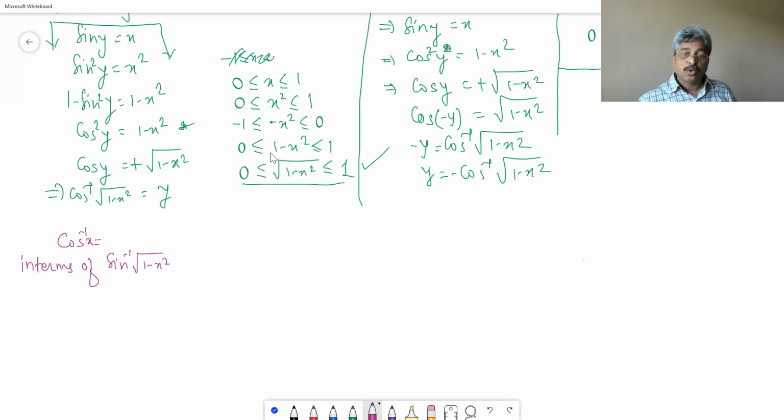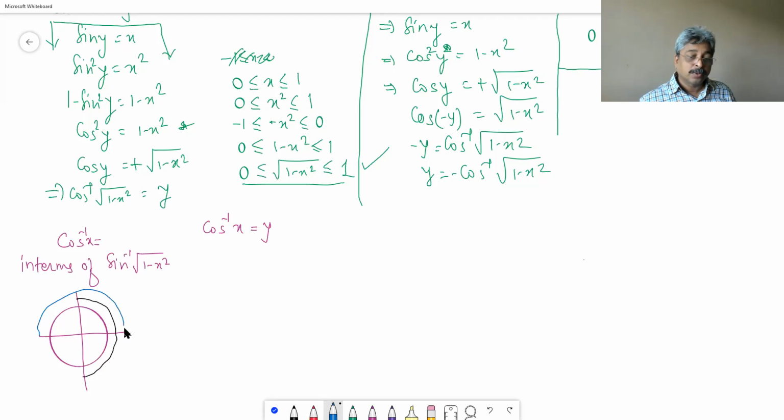Okay, so now I will do it a little fast. Cos inverse x is equal to y. Now again the same diagram. You have sine defined in this zone, cos defined in the other zone, and inverses, and therefore we should take the safe case to start with.